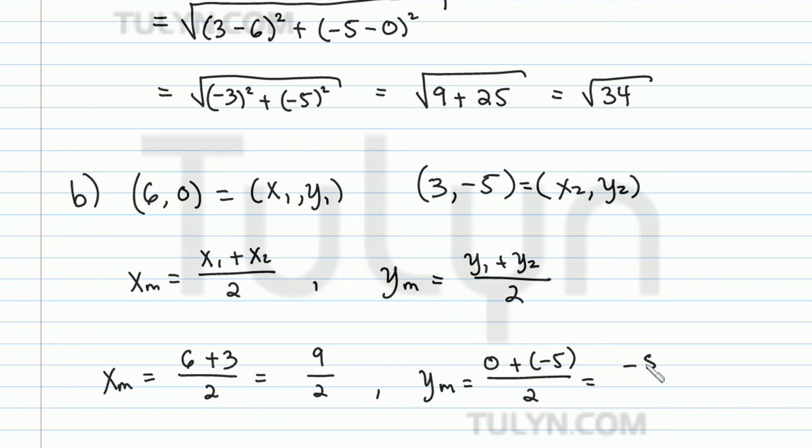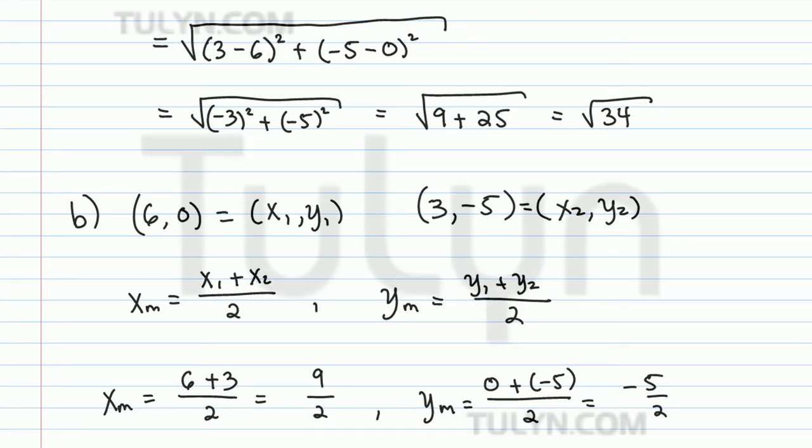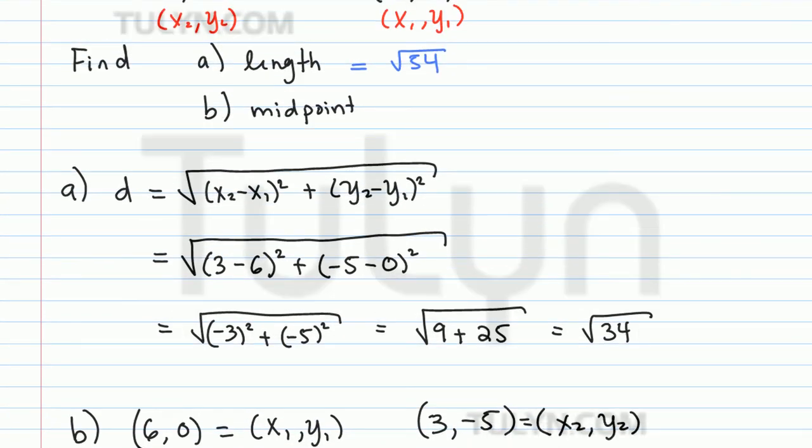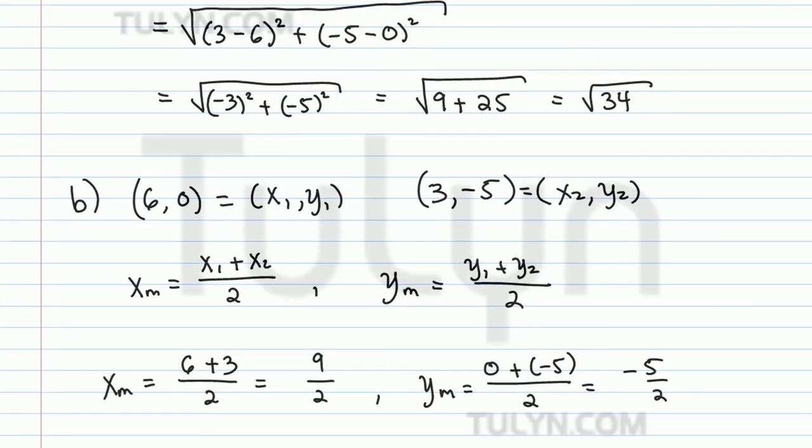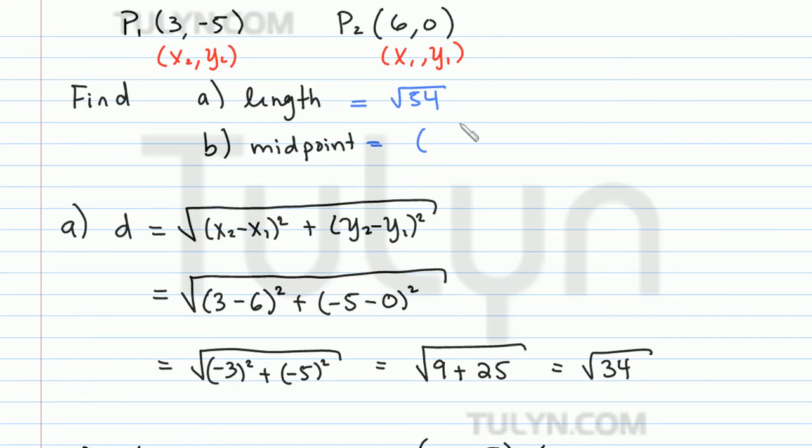So ym becomes -5 over 2, which again cannot be reduced any further. So the midpoint in this case is going to be the point at coordinates (xm, ym). So (9/2, -5/2).